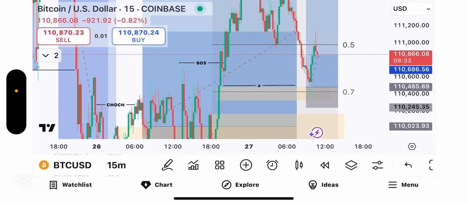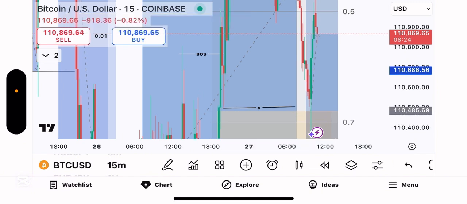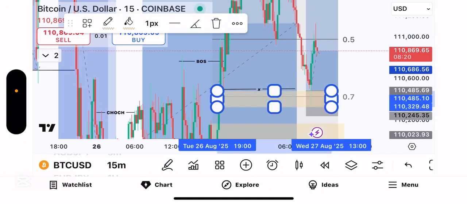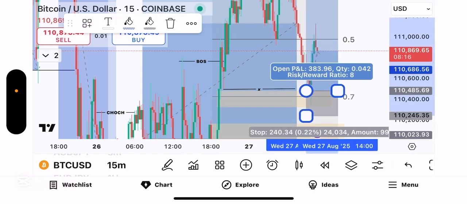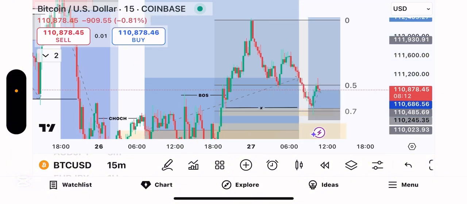In this case, we have resting liquidity caused by this inducement over here. So we marked it out, drew our rectangle, and put in our long position targeting this week high.